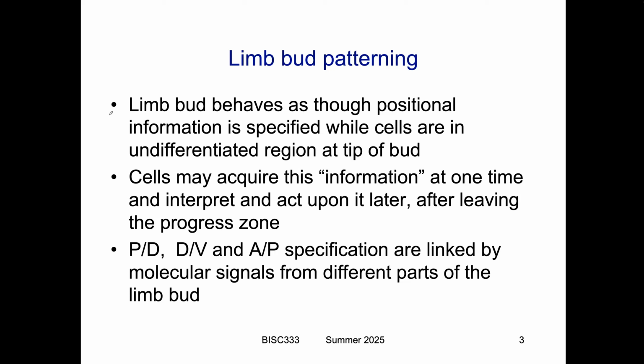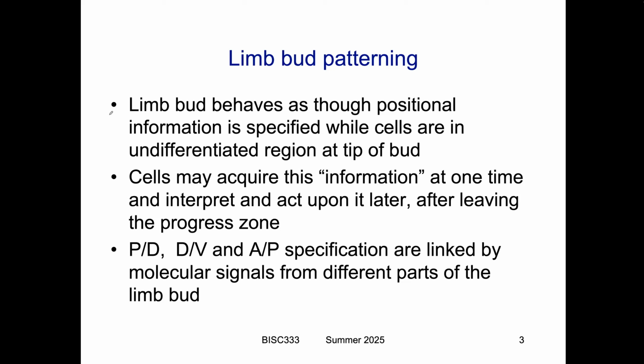So you see the proximal most structures, and then if you remove the apical ectodermal ridge a little later, you will see proximal plus intermediate, and then if you wait till even later, you get almost the whole limb except maybe the very tips of the digits and so on.